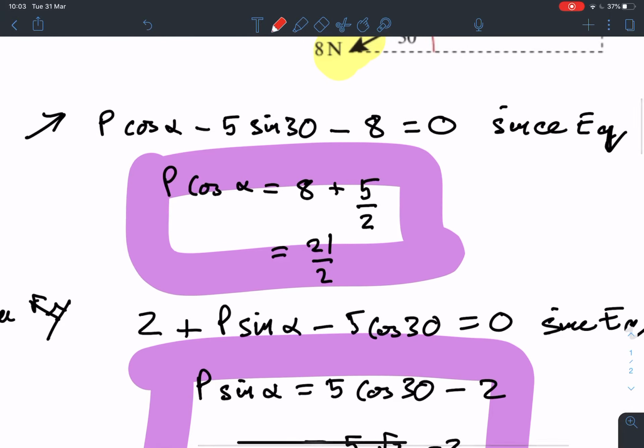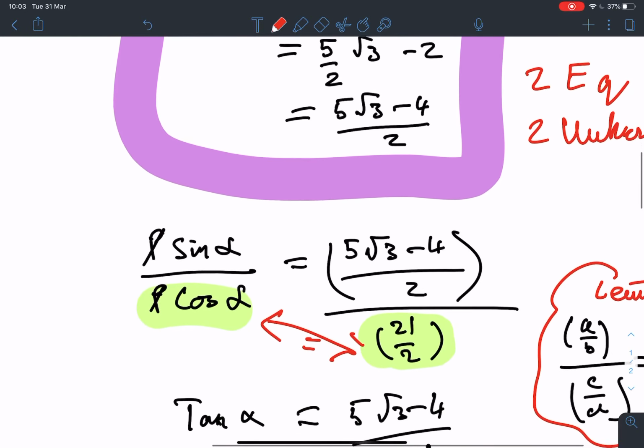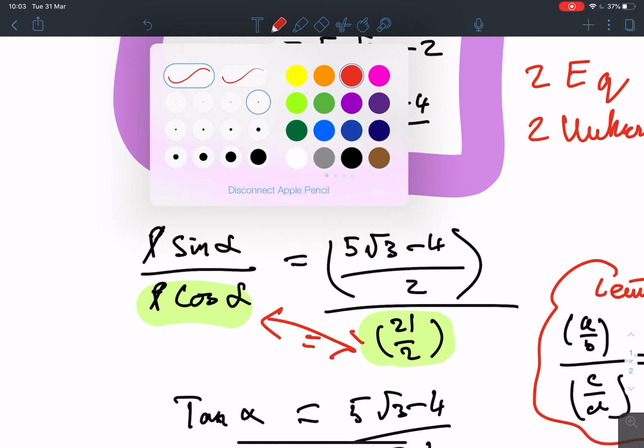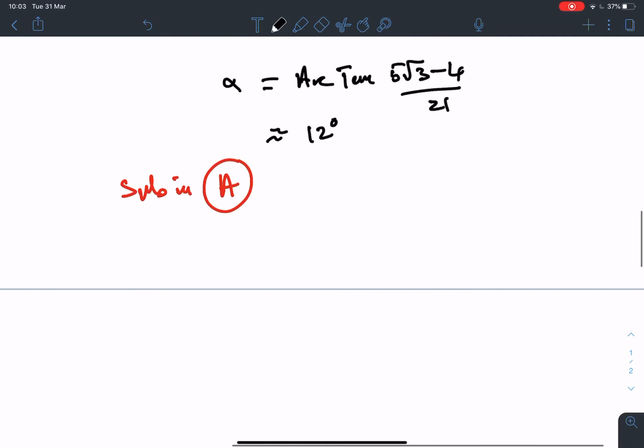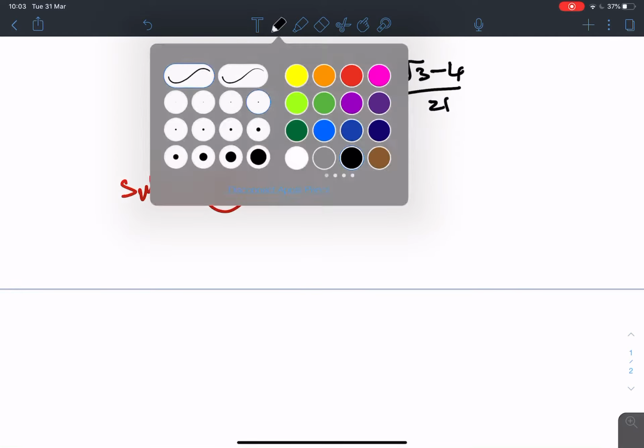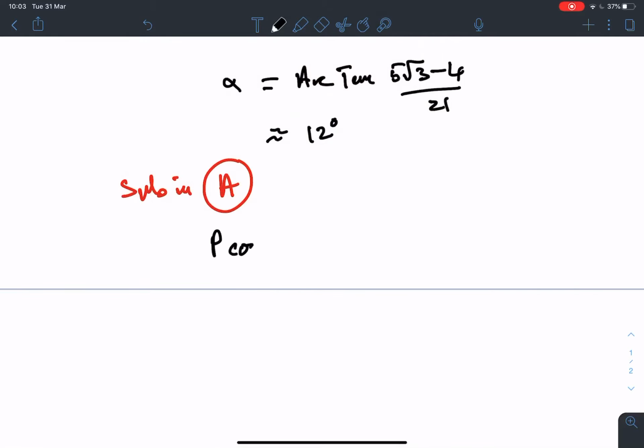We'll call that A. So P cos alpha equals 10.5.